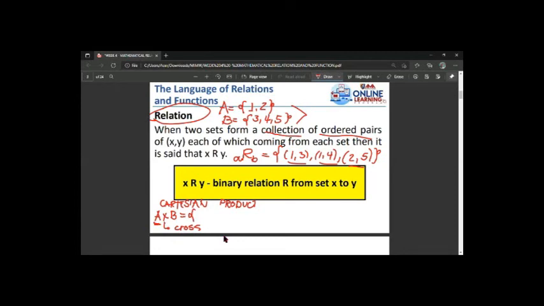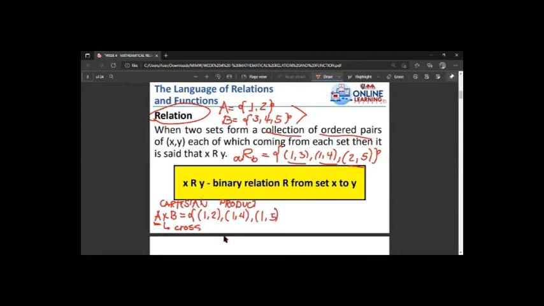After 1, na na-partner mo na or nakagawa ka ng ordered pair, isa-isa, from A to B, okay? That's the time na yung 2 naman ang i-partner mo sa 3, 4, 5. So let's start with 1, ha? Pairing it up each of the element. 1, 3, 1, 4, then 1, 5.